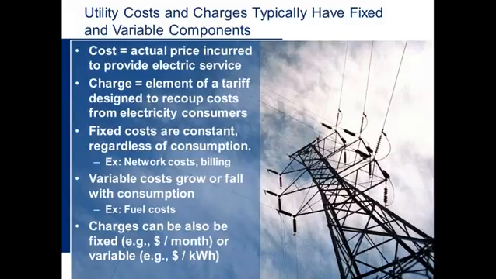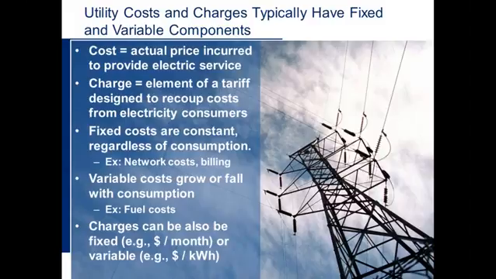Next, we have utility charges. Utility charges are the elements of an overall electricity bill that the utilities and regulators use to facilitate the recovery of those utility costs. And they're similarly binned into two categories. Variable charges are on just about every electricity bill in the world, and they're structured in a currency, dollar, peso, what have you, per kilowatt hour structure.